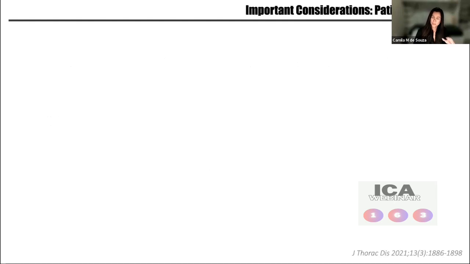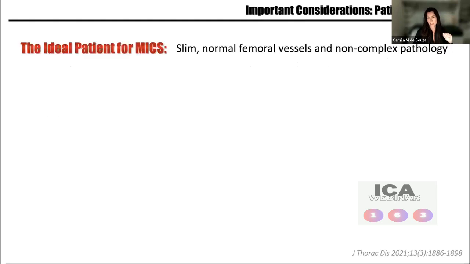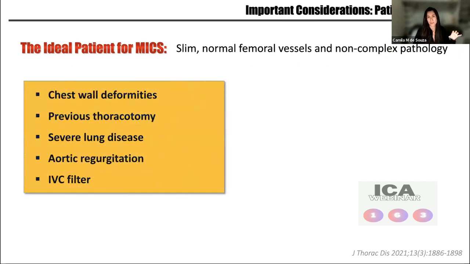The first important consideration here really is patient selection. The ideal patient for MICS is slim, has normal femoral veins, and non-complicated pathology. There are a number of factors that can make the minimally invasive approach more challenging and higher risk.